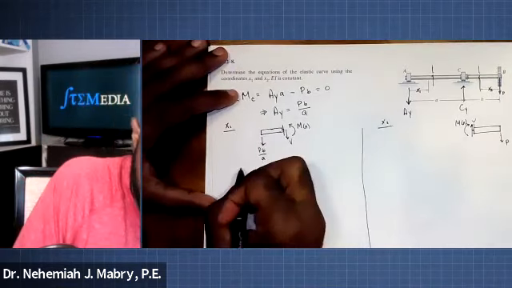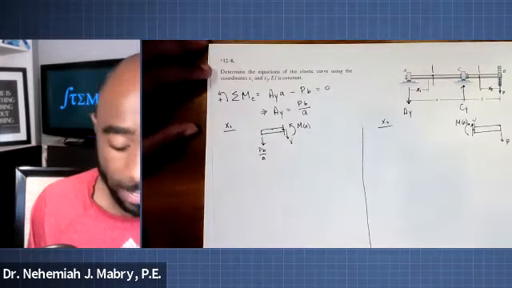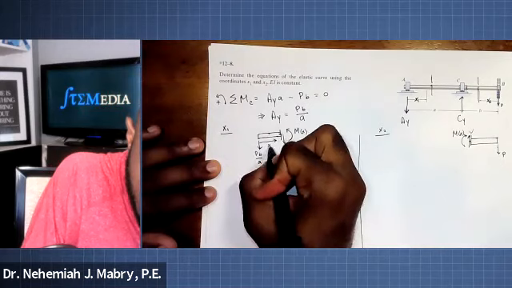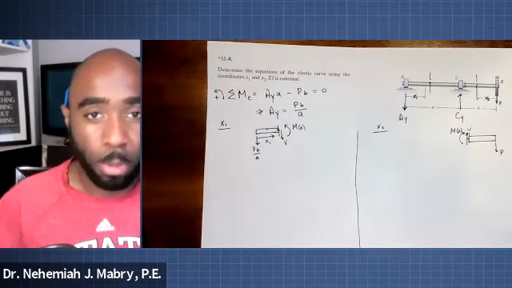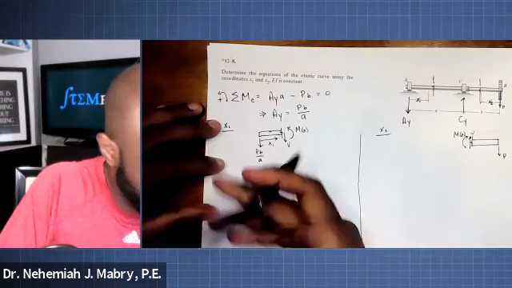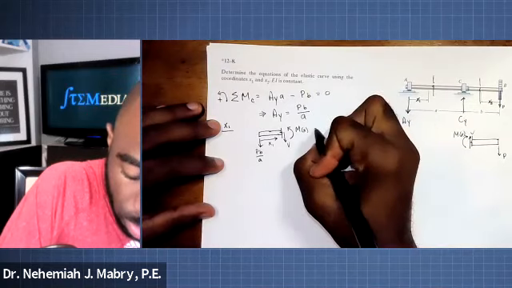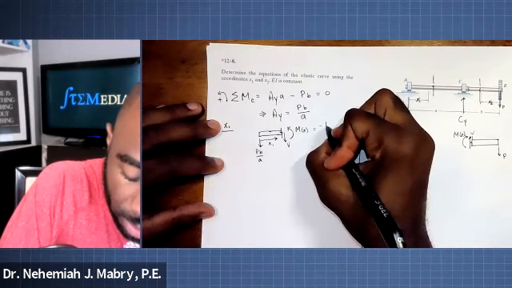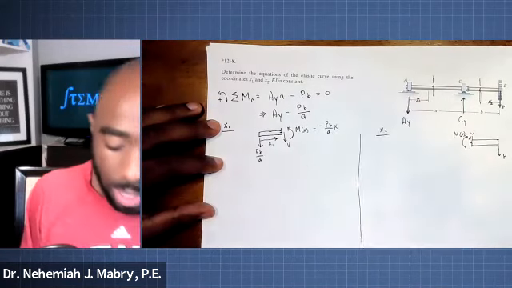So to start things out, what is the moment equation? If we were to sum the moment about the cut on this side, remember, x1 is going this way. It's going to start on that side. So in this case, Mx is going to be equal to negative PB over A times x.